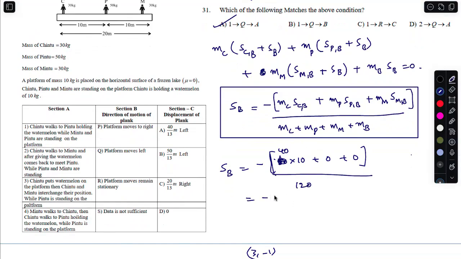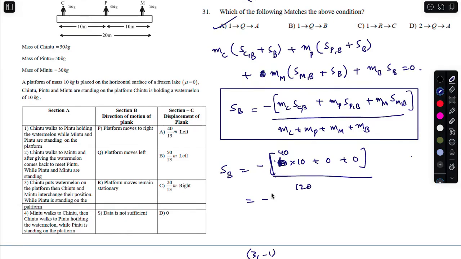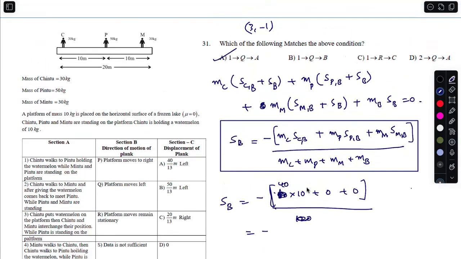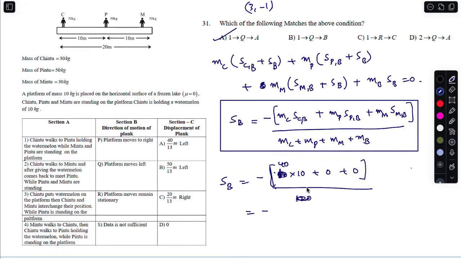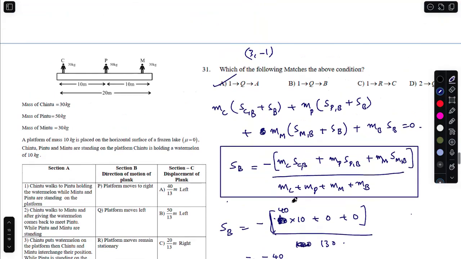This is minus 40 by 130. The minus sign indicates left.